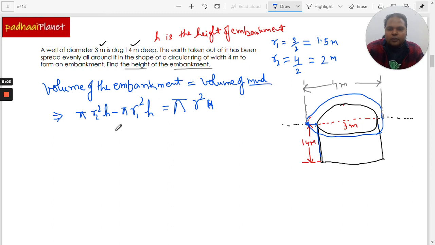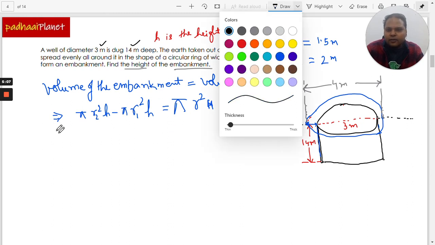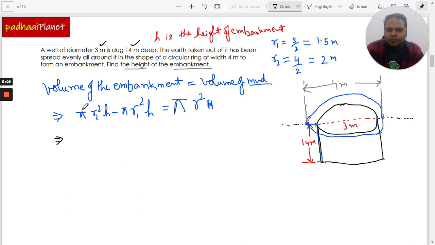Now let's put the values and we will then start calculating it. So pi gets cancelled from everywhere, so that goes off, and let's take h common from here. So it's like r2 square, so r2 square means 2 square minus 1.5 square is equal to, pi is already gone, right?